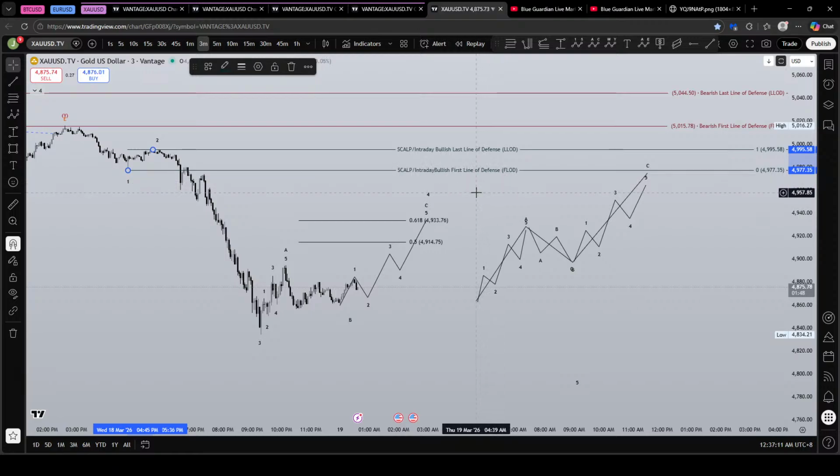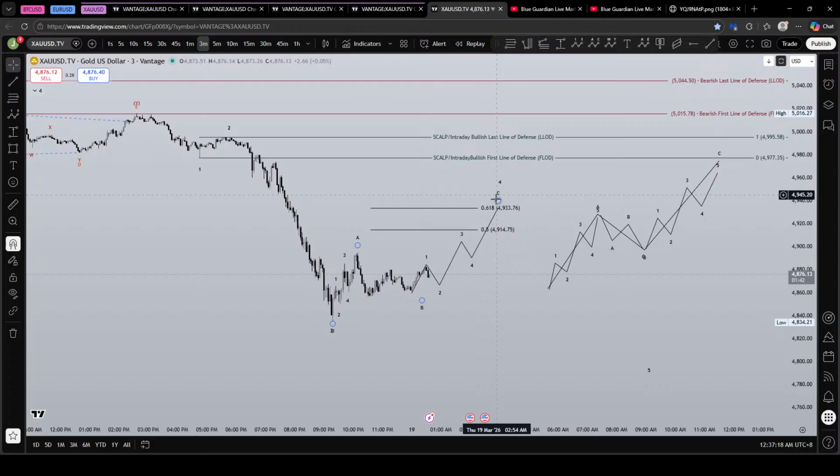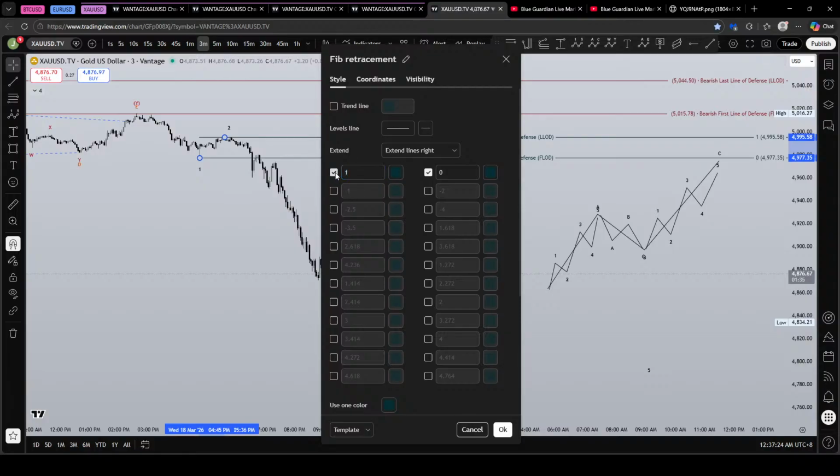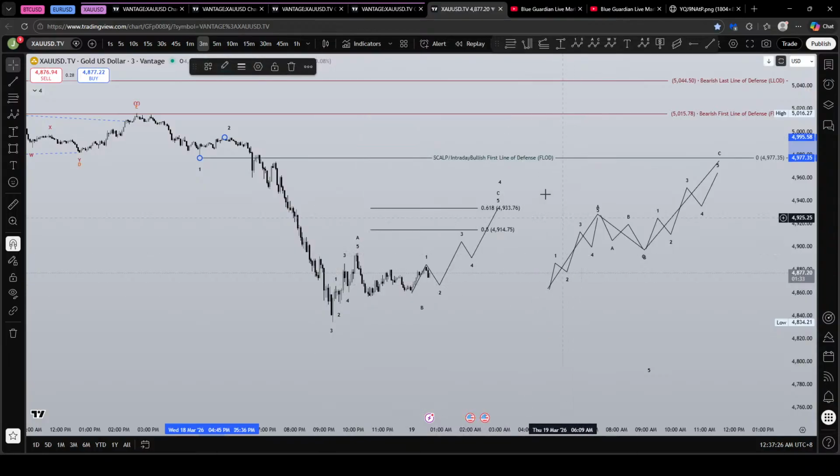So in other words, the market or the correction or the bounce up for wave 4 should not break this price. Ideally, this is the only invalidation of an impulsive motive wave.